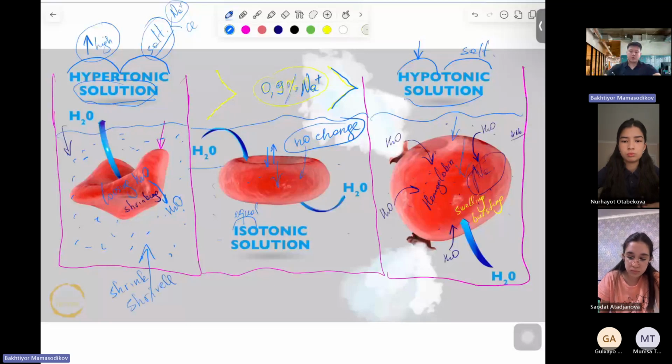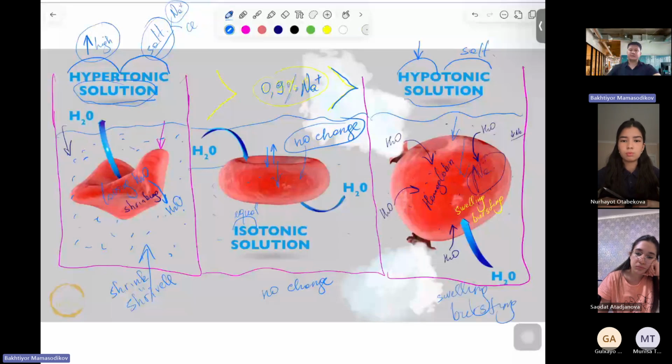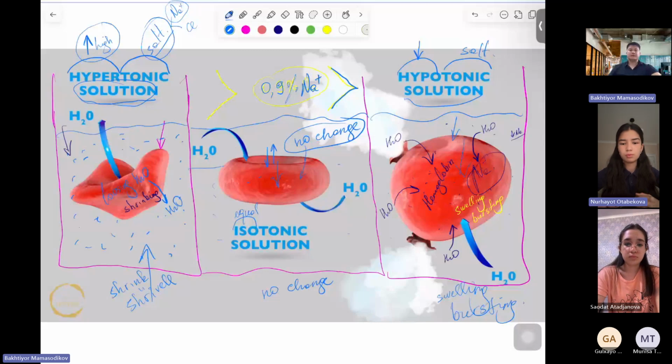Shrivel and shrink are synonyms. Okay, any questions regarding this? Any questions? No.